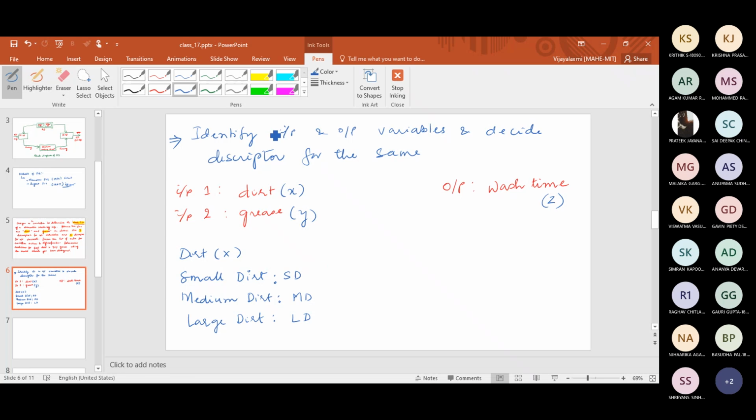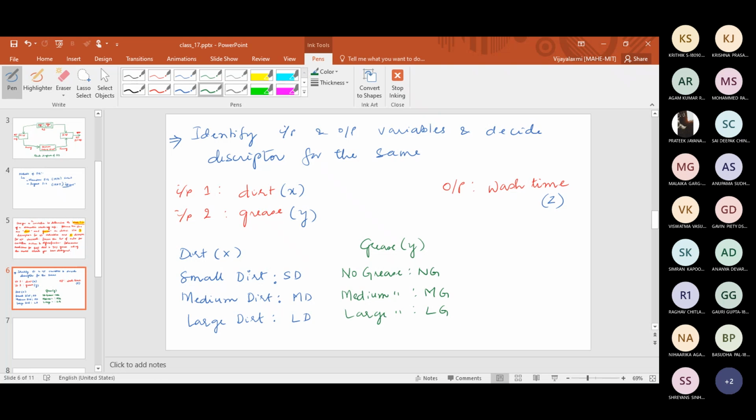Similarly, now I will take the second input, that is grease, which is Y. It is left to us to decide. So I will write no grease, which I'll call NG, then medium grease, MG, and large grease, LG.